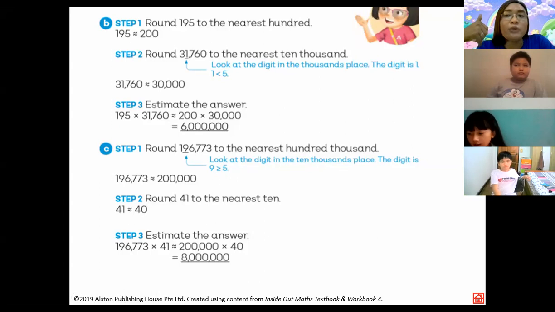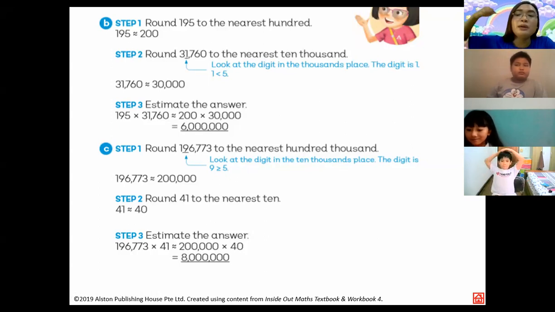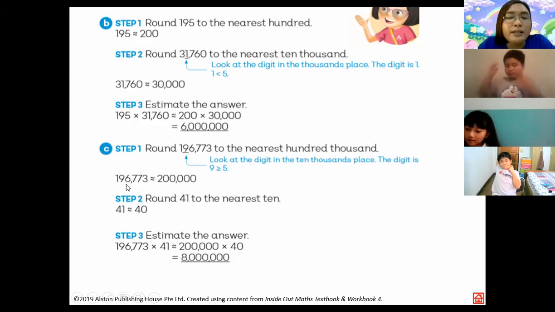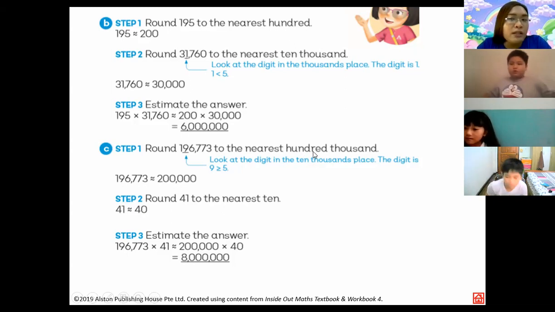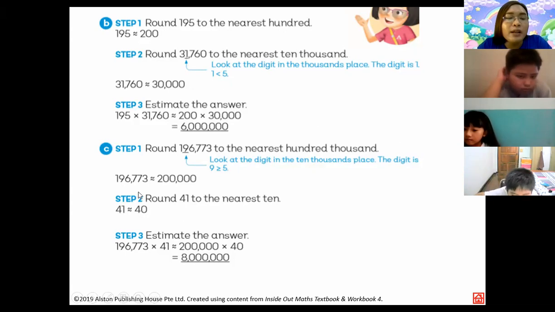So that means we will round this number up to the nearest 100,000. If we round 196,773 to the nearest 100,000, it's going to be 200,000. And then step number 2, round 41 to the nearest 10.